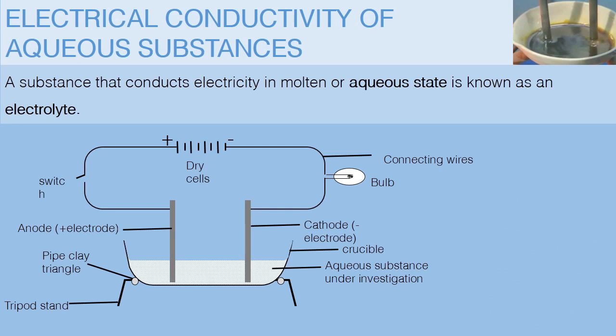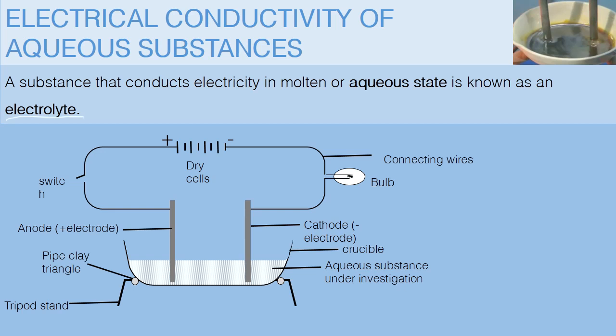In chemistry, we are also interested to learn if aqueous substances conduct electricity. This setup that we have seen here is used to examine whether a substance can conduct electricity in aqueous state. A substance that conducts electricity in molten or aqueous state is known as an electrolyte.